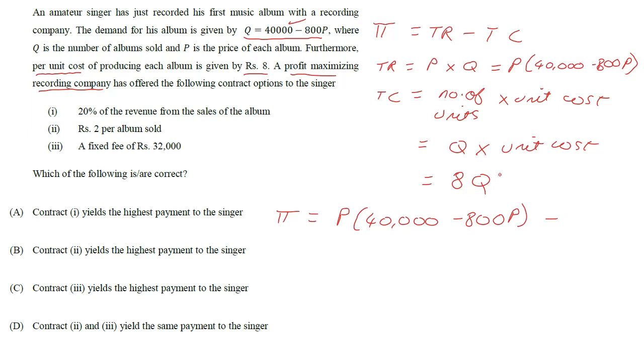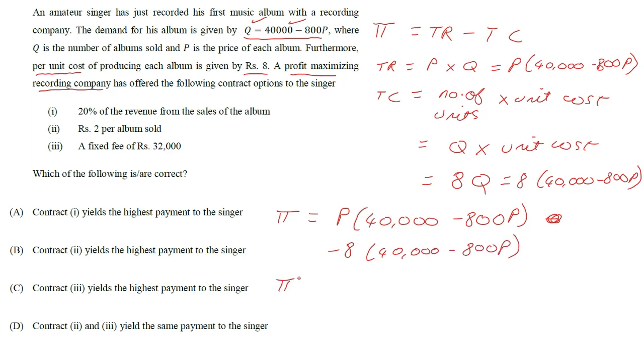But I do not know Q, though I have a value for it, so I can write this as 8 into (40,000 minus 800p).